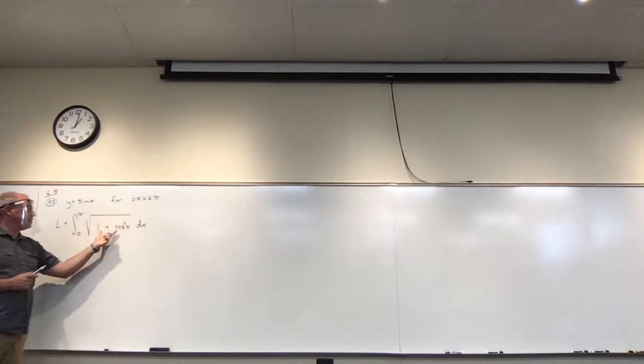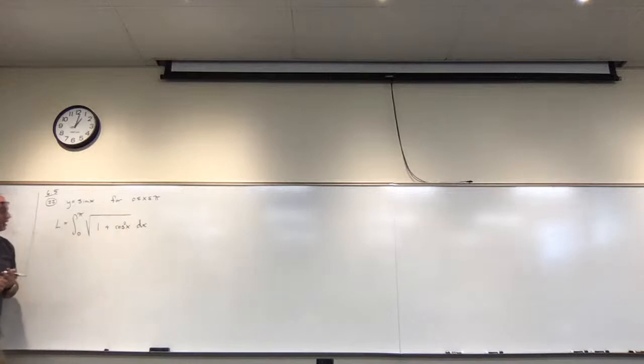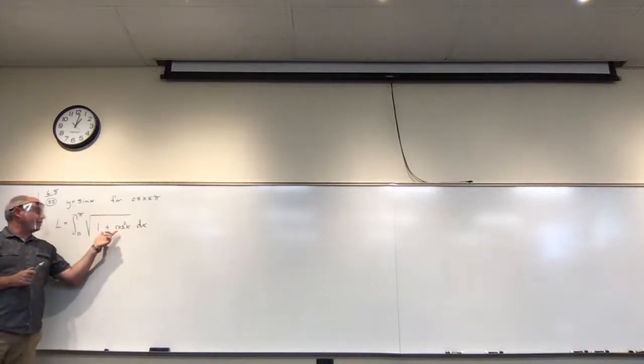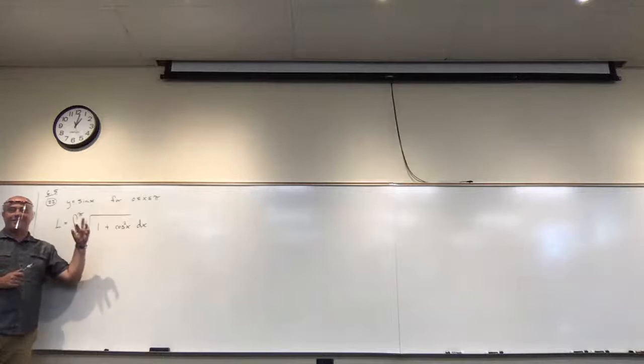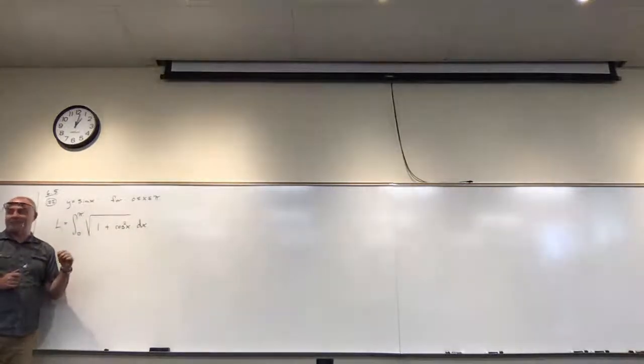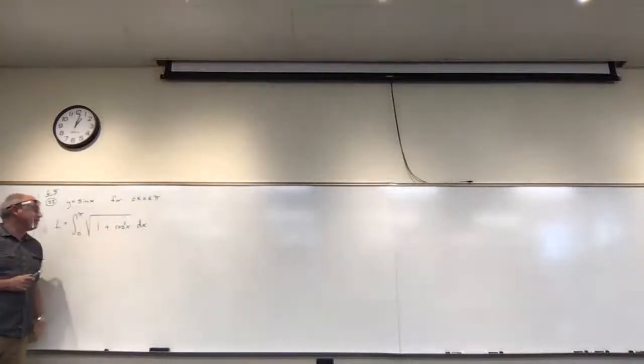There's no nice trick here. It kind of reminds you of sine squared x plus cosine squared of x equals 1, but it's not quite right, correct? So it's very close. Any other tricks that we could try? Maybe. I don't know how helpful they would be.